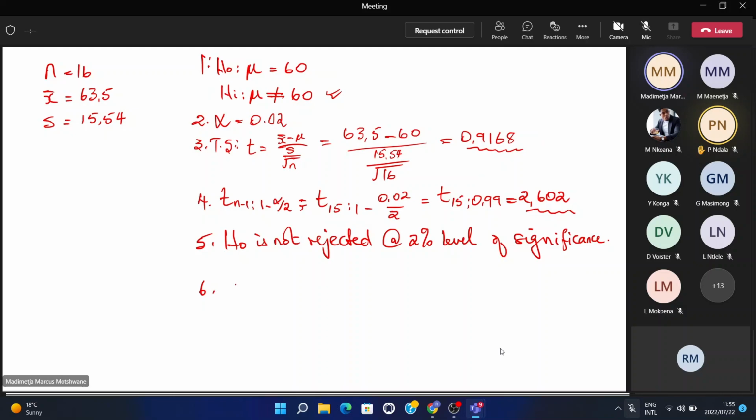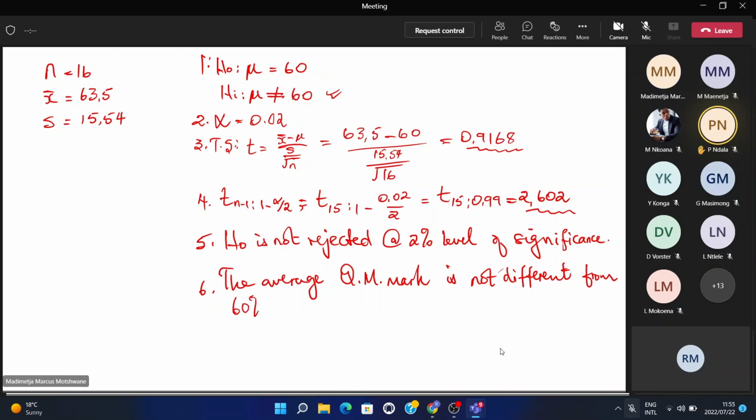Then we can conclude the average quantitative methods mark is not different from the 60%. Done.